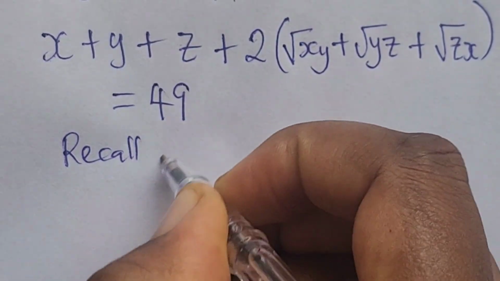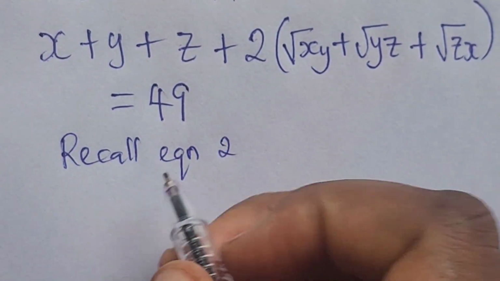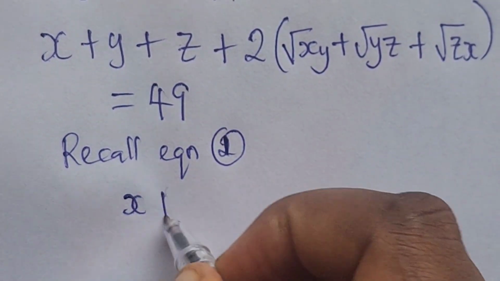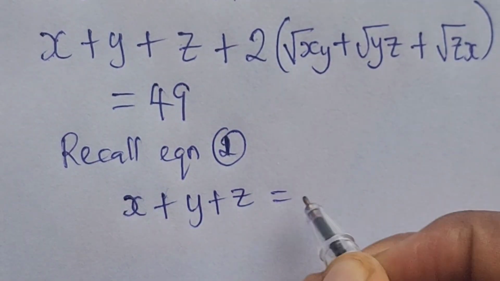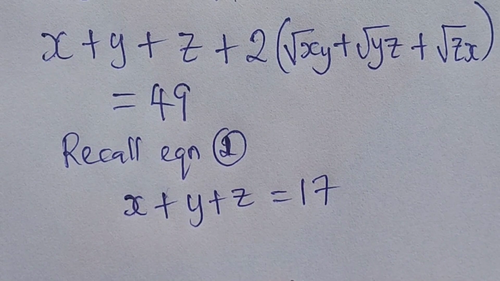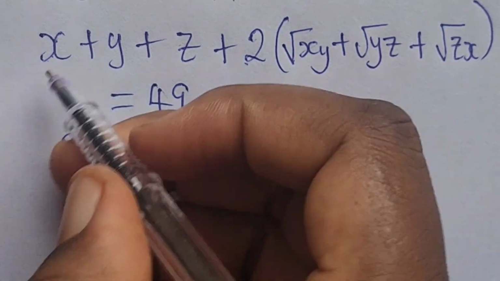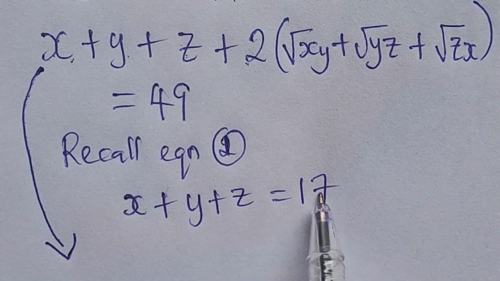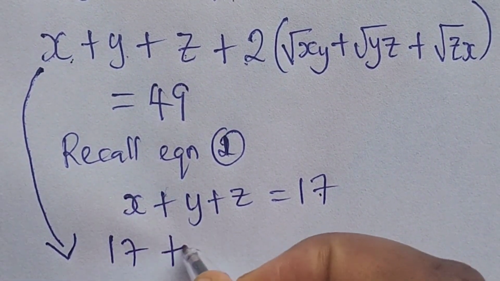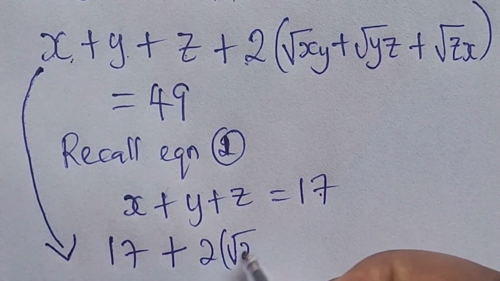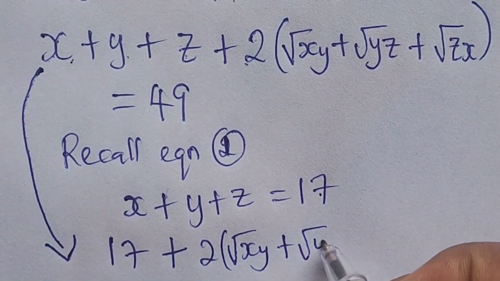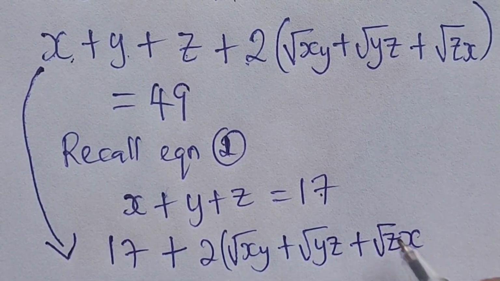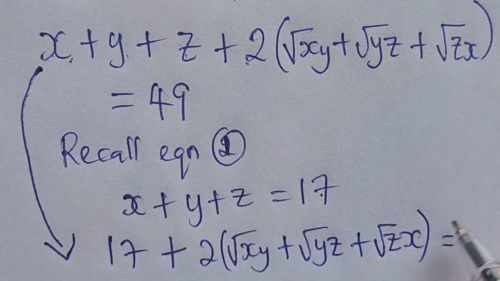Now let's recall equation 1, where we have x plus y plus z equal to 17. So we'll be replacing this here. Our x plus y plus z is 17. We have 17 plus 2 times root xy plus root yz plus root zx equal to 49.